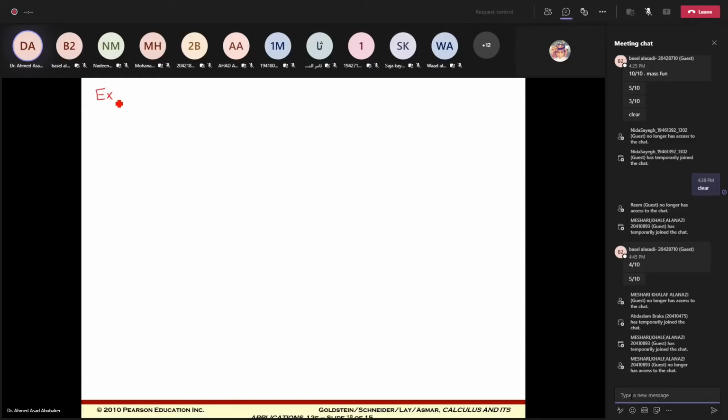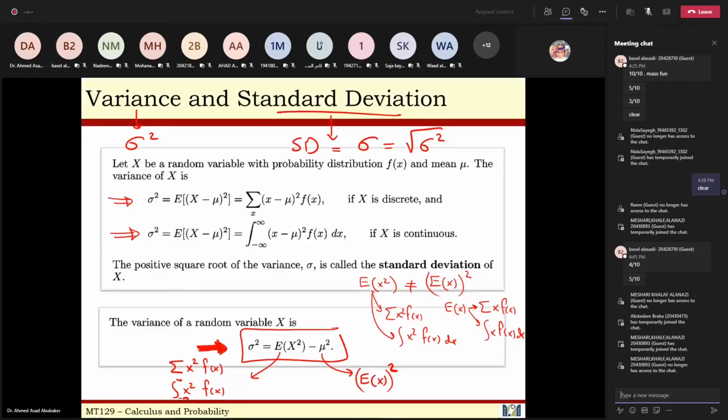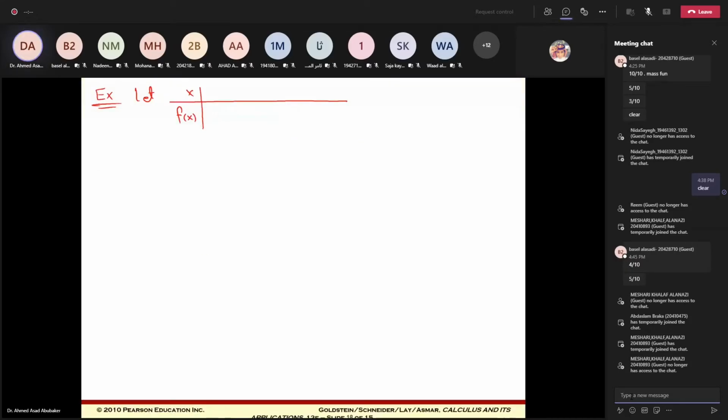Example: let x and f of x. x is 0, 1, 2, 3, and 4. f of x is equal to 3 over 12, 1 over 12, 5 over 12, 1 over 12, and 2 over 12. This is the probability mass function.